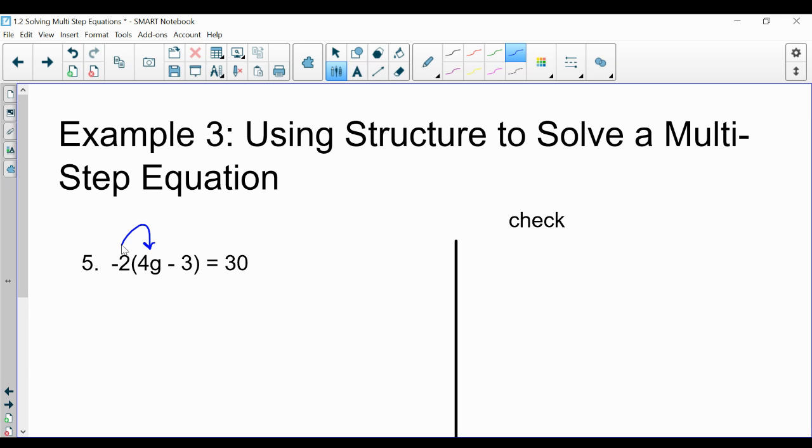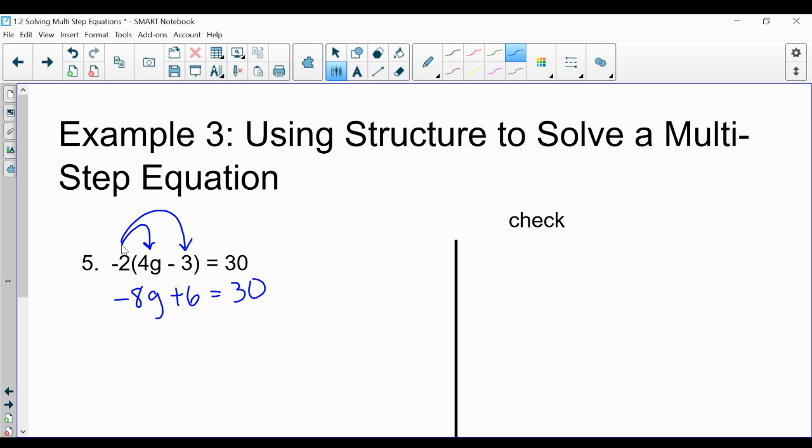So negative 2 times 4 is a negative 8g. And then a negative 2 times a negative 3 is a positive 6. So everything is already simplified.